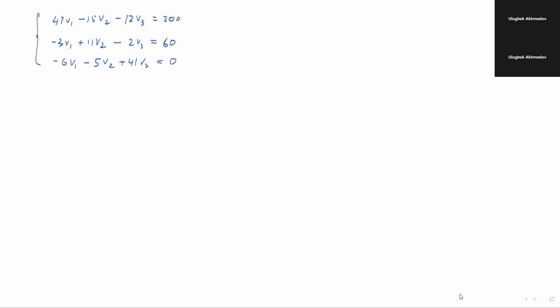So what we're going to do, we're going to multiply the second equation by 2 and then subtract that from the top. The top one we're going to just copy as is, equals 100.